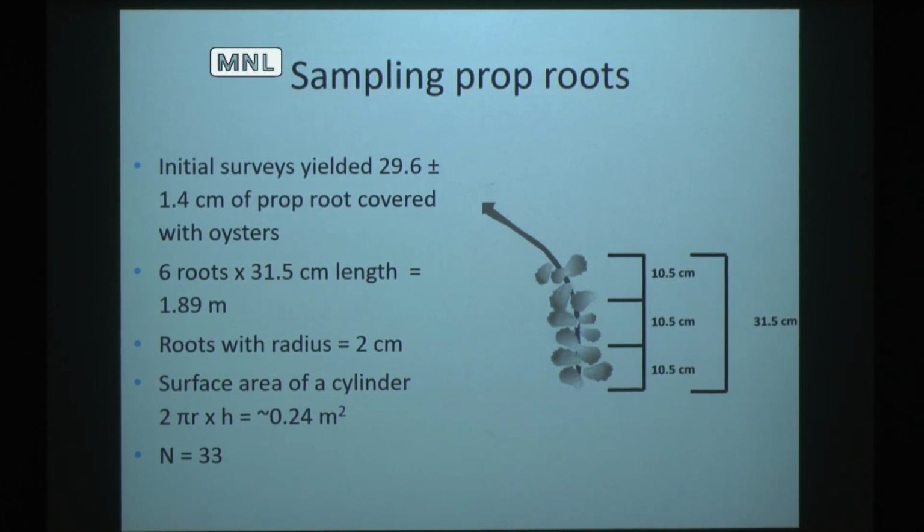And then I chose 6 roots with a radius of 2 centimeters, which gives a surface area of a cylinder of about 0.24 square meters. And I quantified in 10.5 centimeter increments to have that low, medium, and high zone on the prop roots as well.